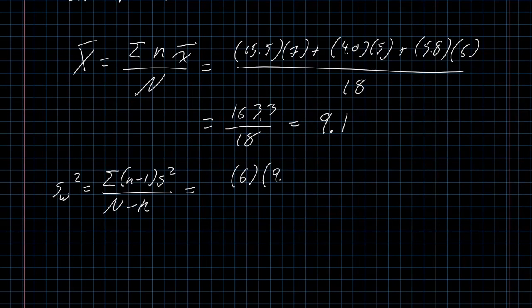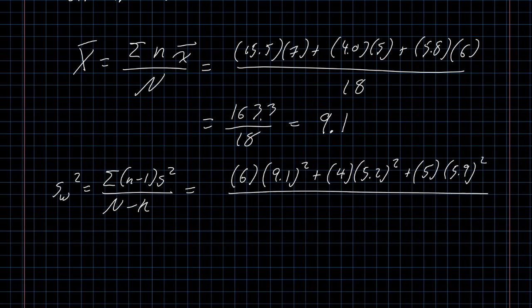S was 9.1, and we square it. For sample 2, n was 5, 5 minus 1 is 4. S was 5.2, and we square it. For sample 3, n was 6, so n minus 1 is 5, and S is 5.9. We're going to want to square that. In the denominator, we have big N, which is 18, minus K, which is 3.